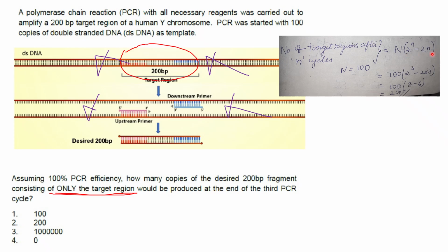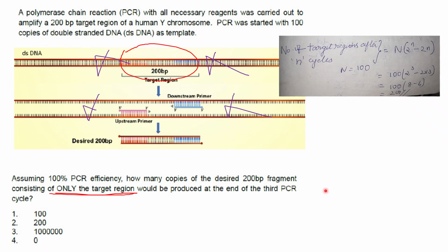Subtract these two, multiply by the initial amount of DNA, and you will get the number of only target DNA fragments produced at the end of the third PCR cycle.